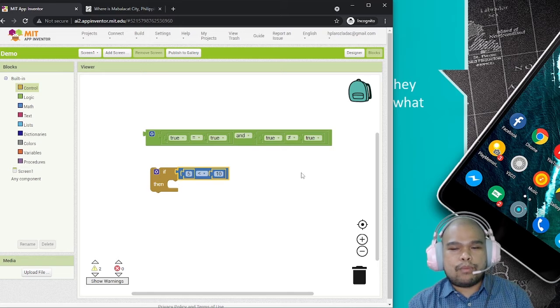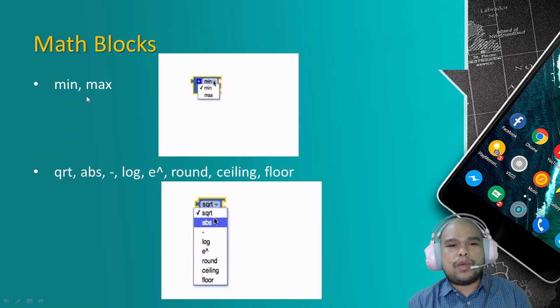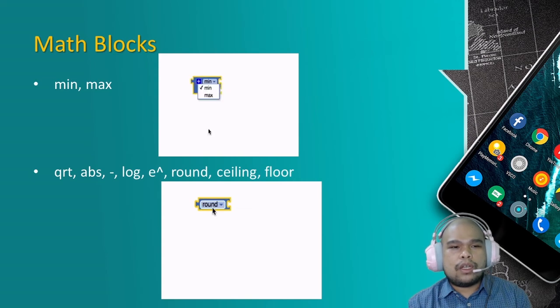So, this will be an example of your math blocks. We also have the minimum and maximum. What the minimum and maximum do is measure the minimum and maximum value within a range. If, for example, we provided a list of numbers, that is what we can use.